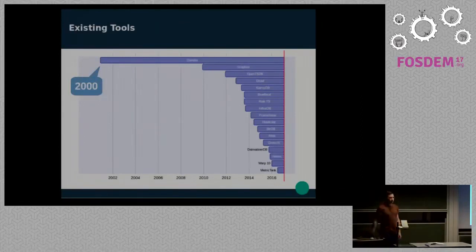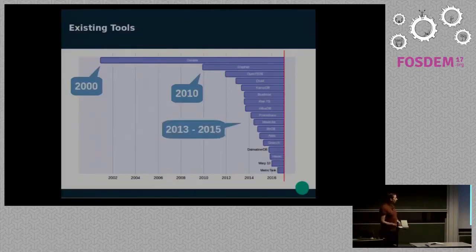Originally started in 2000 from University of California, I think. And then Graphite arrived in 2010, which is a bit of a replacement for the internals of Ganglia, because some people thought RRDtool was getting a bit long in the tooth, or maybe they just wanted something fun to do.